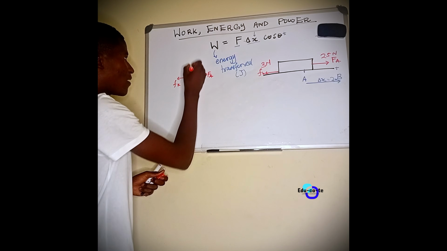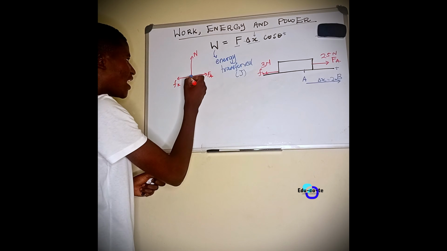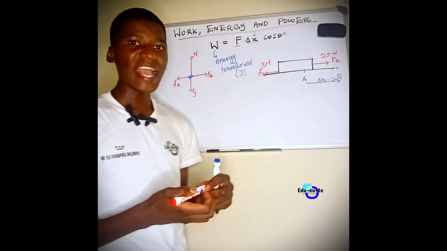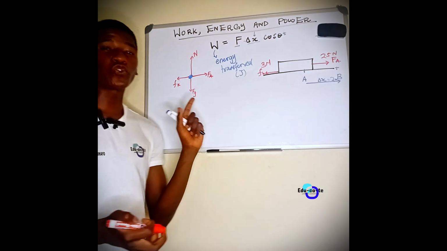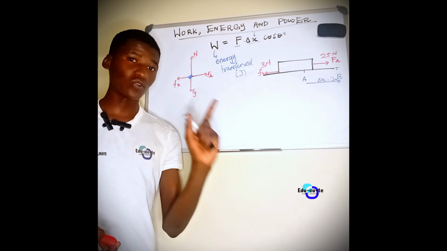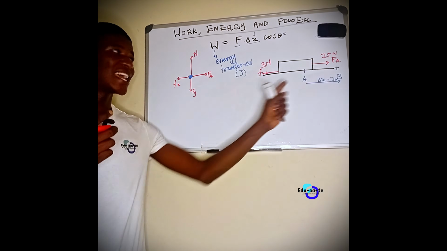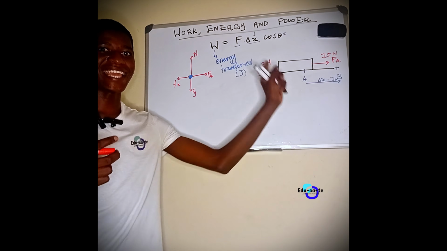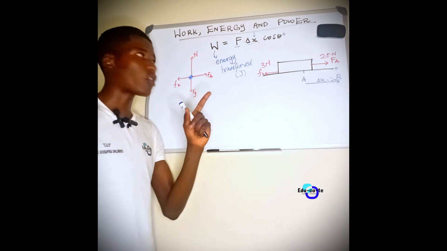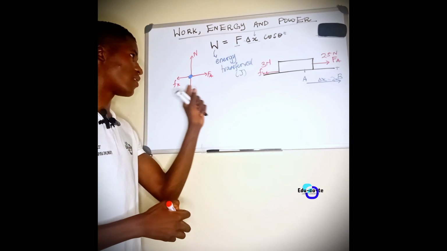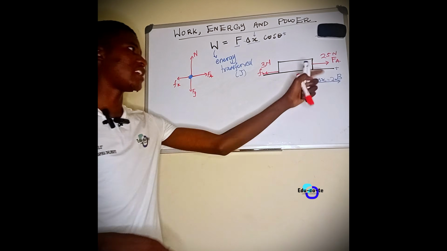It has other forces such as the normal force as well as the gravitational force, or the weight. Even if they do not ask you to draw the free body diagram, you must always draw it because you would have a slight idea of which forces are acting on the object, and hence those forces will transfer energy. They will cause work to be done on the object as it moves from A to B.